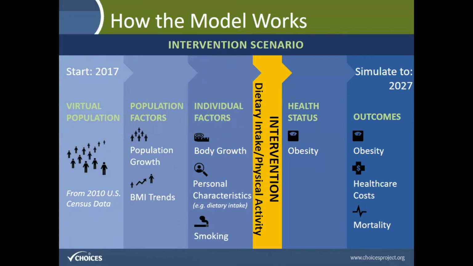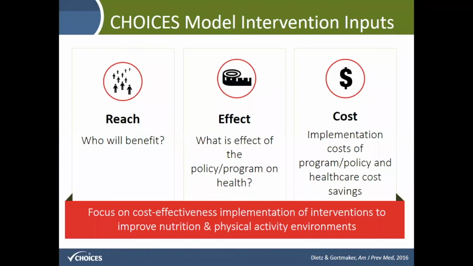Now, we do a lot of results, and you'll see some of these in our papers. Again, the inputs: for each of these interventions, we have to figure out how many children or adults are reached by the intervention. We need good evidence of effect of the intervention on health outcomes. And this is often a sticking point.